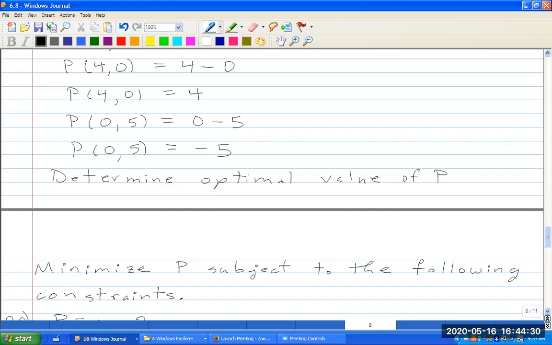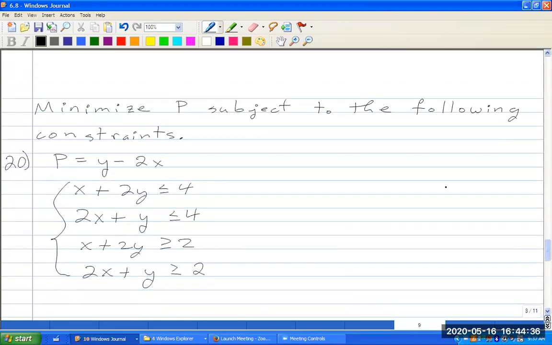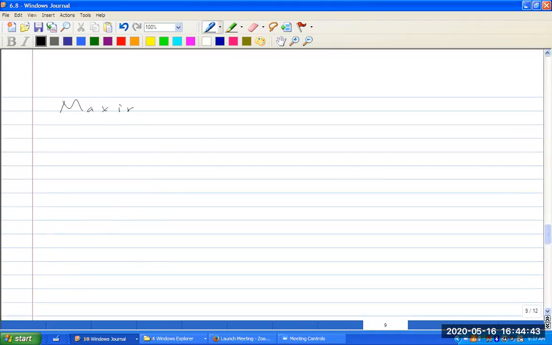So if I look here, I want to maximize P. So the maximum of P is 4.